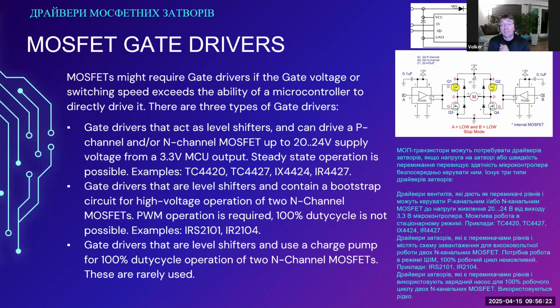A 12 volt battery can go up to 14.4, and in error or failure conditions up to 15 volts or so. Supply voltage from a 3.3 volt microcontroller output. Steady state operation is possible. I'm putting that in here because for the other type of gate driver, steady state operation is not possible, and I have to explain this.